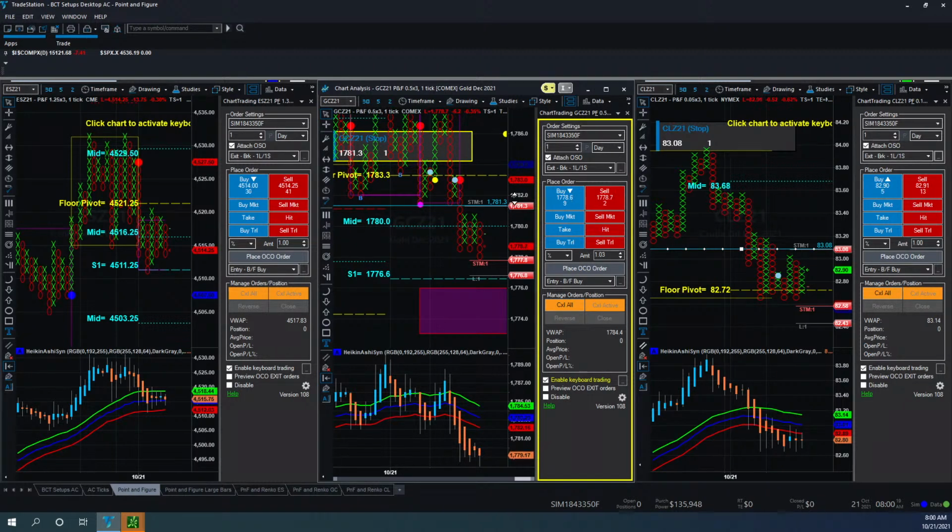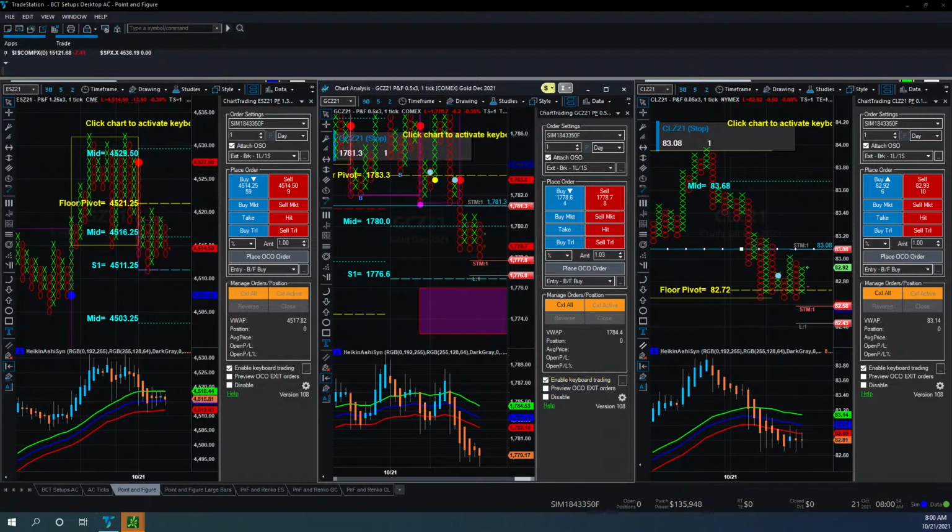And try to move down. 30 minutes to the news. Trying to break. Let's see if it does. Two minutes is very choppy actually.